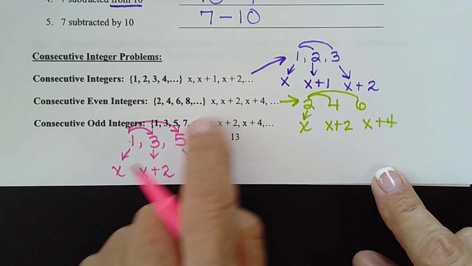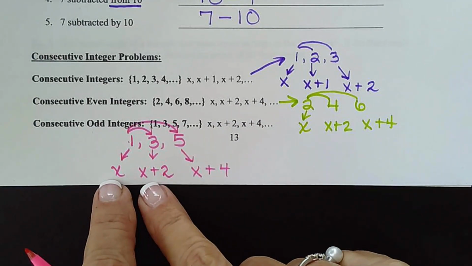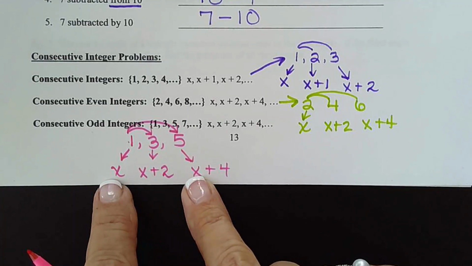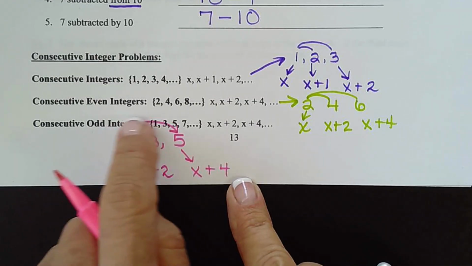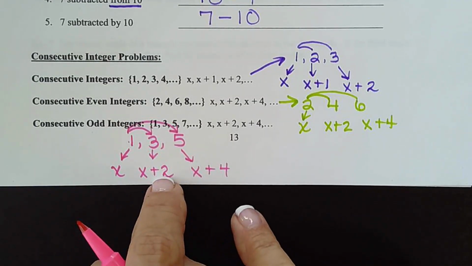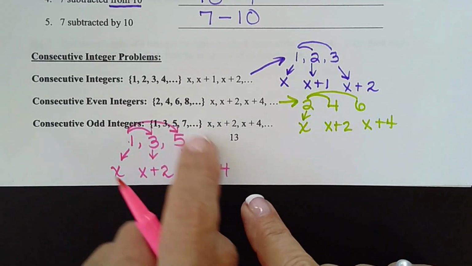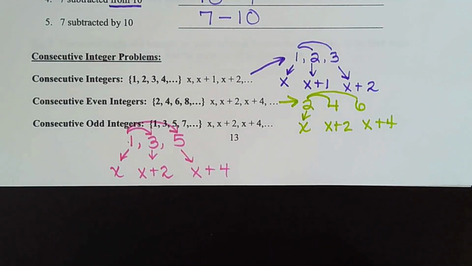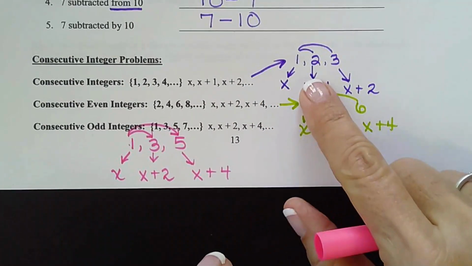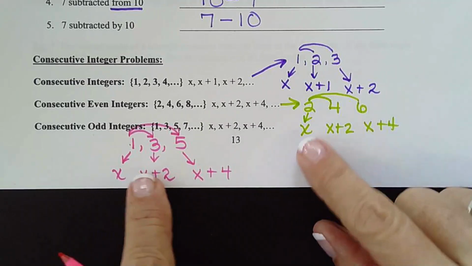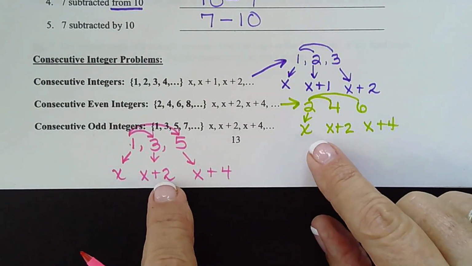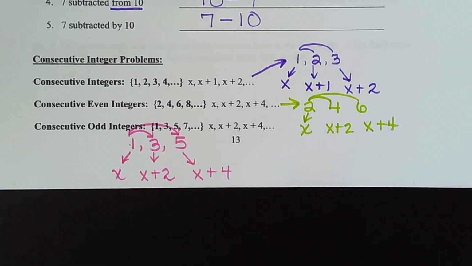Add 2, add 2, add 2. It's the x that's odd, not the 2 and 4. This just says you add 2 to get to the next odd number. Add 2 more to get to the next odd number. So x, x plus 1, x plus 2 are consecutive integers. Even and odds are both x, x plus 2, x plus 4.